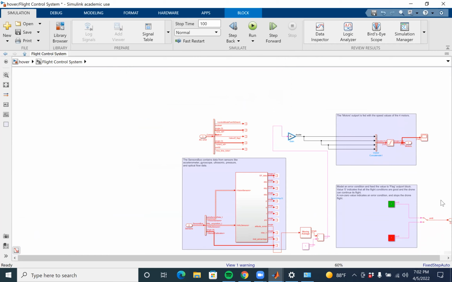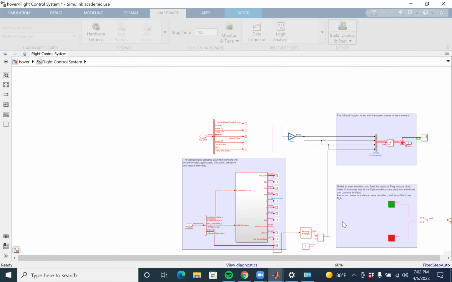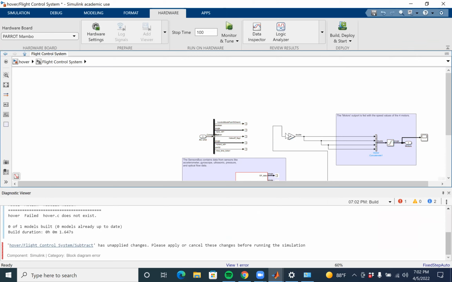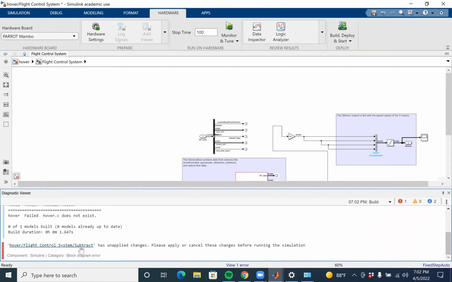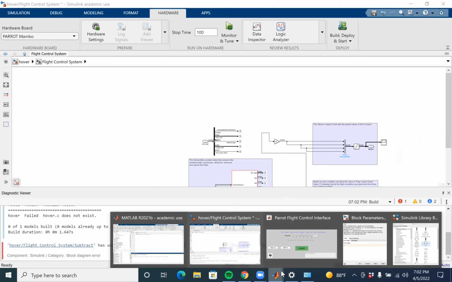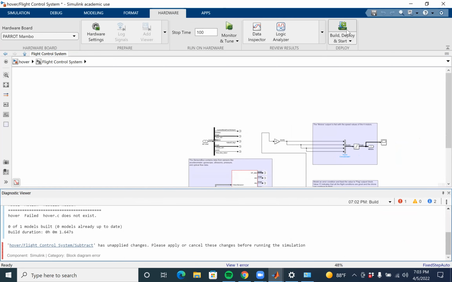Tatvik, are you ready? Be careful, okay? What happened? Oh, control subtract. To subtract. I didn't do subtract. I didn't save subtract. Apply. Okay.